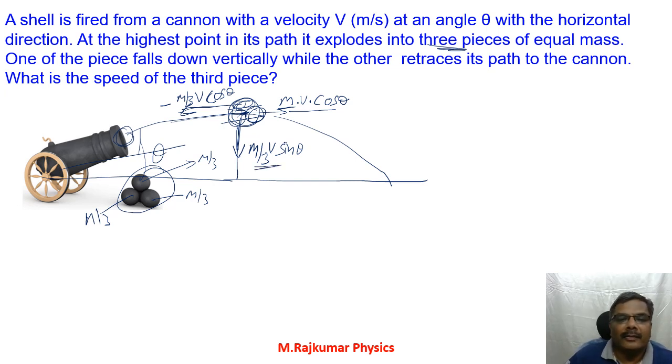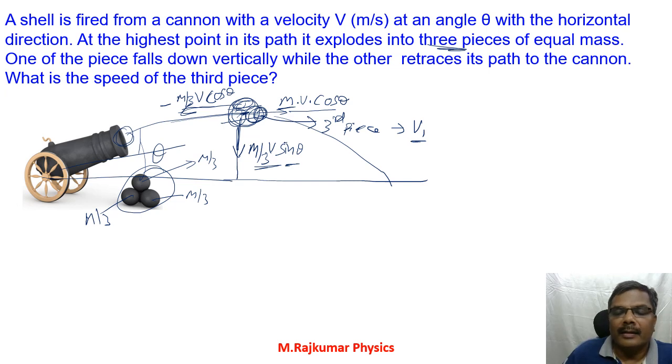They are asking what is the velocity of the third piece. This is the third piece. I'm taking its velocity as v1, that is m by 3 into v1. So v1 we have to find out.